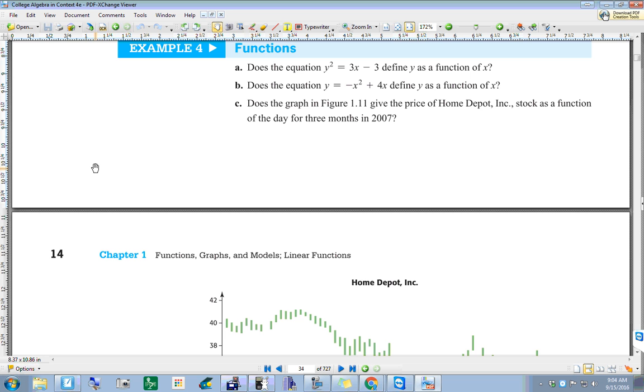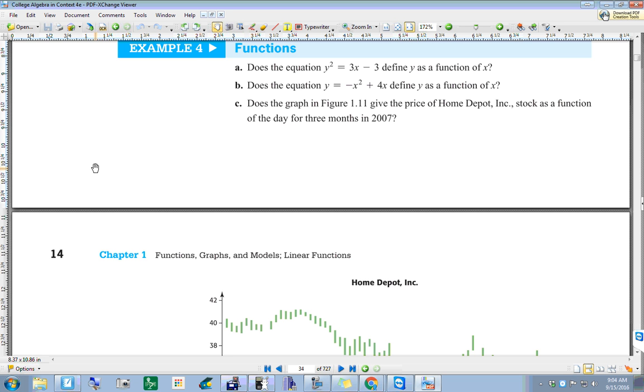What kind of a graph would that be? What's messing things up right now? Or what looks weird to you? The square. Where's the square on? The y. We usually don't see a square on the y, do we?